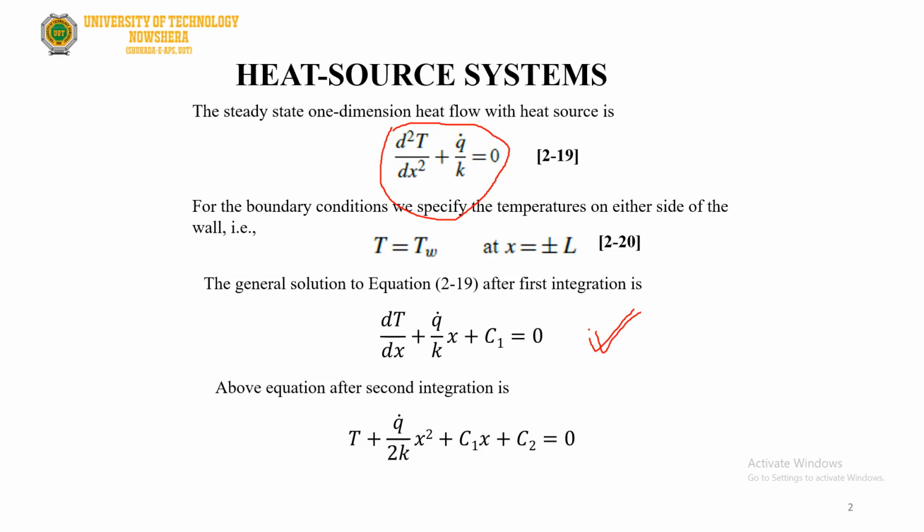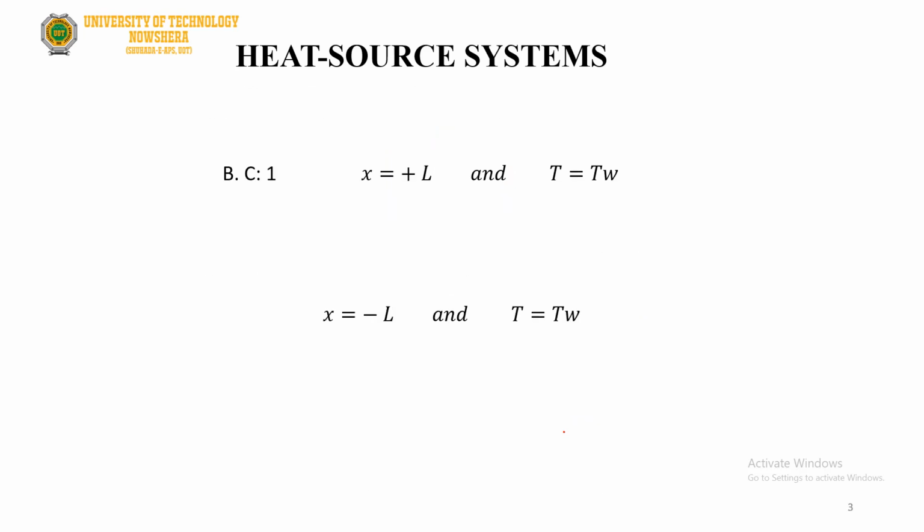Then after second integration, we get this equation. Now you can see there are two arbitrary constants c1 and c2. We need to find value of c1 and c2. That we can do by using boundary conditions, which we have discussed.